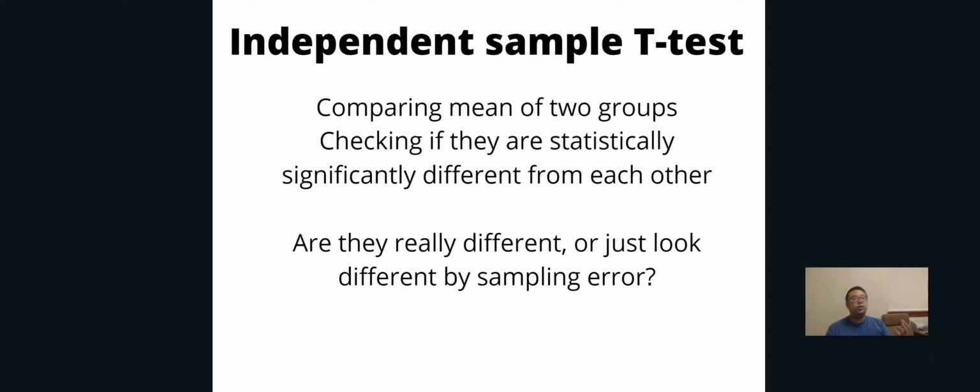We are just checking whether those 2 groups have statistically significantly different means from each other. Based on the mean as a sample statistic, we are just comparing. They may have other differences, but we are just using the mean of those 2 groups and checking whether they are the same group with the same mean, or have a different mean.